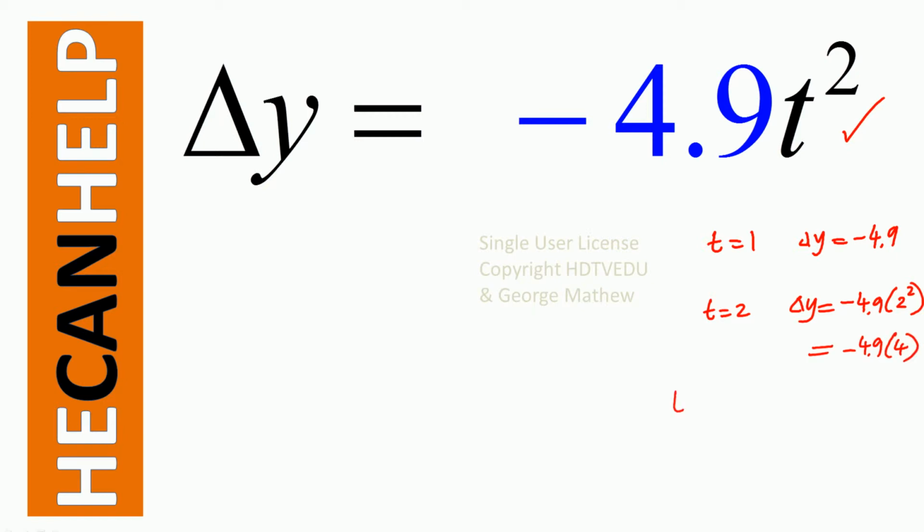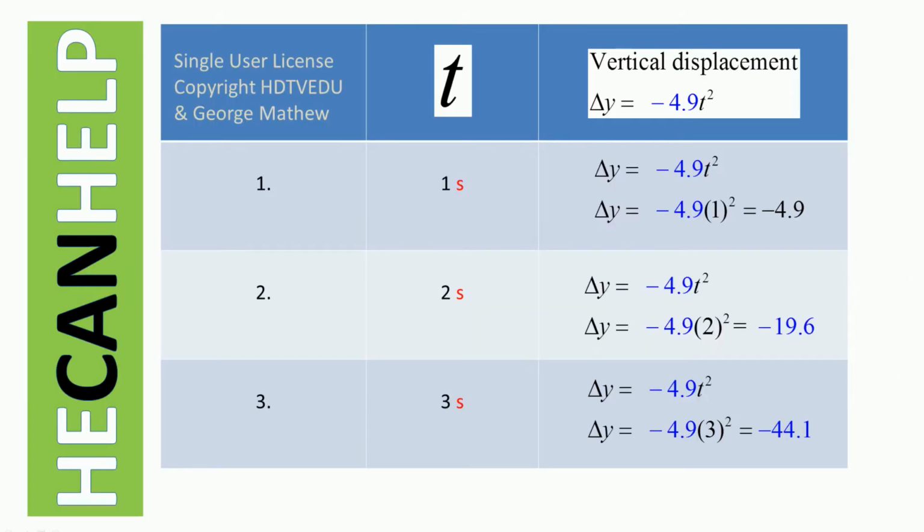How about t is equal to 3? What is delta y when t is equal to 3 seconds? Negative 4.9 times 3 squared. So that's what we did here. Time is 1 second, and when we substitute into negative 4.9 t squared, we get negative 4.9. How about when t is equal to 2 seconds?